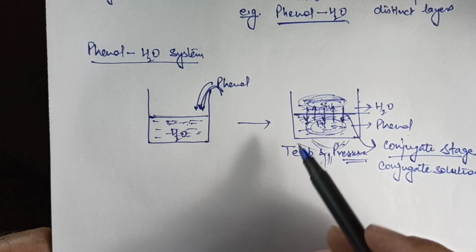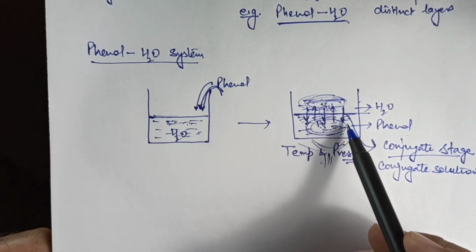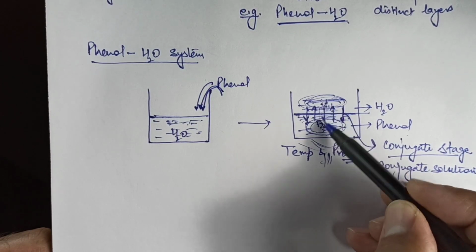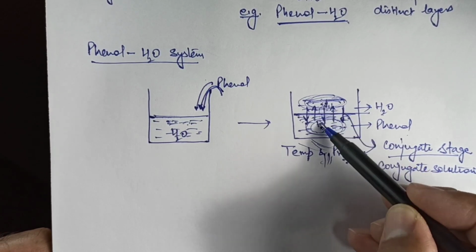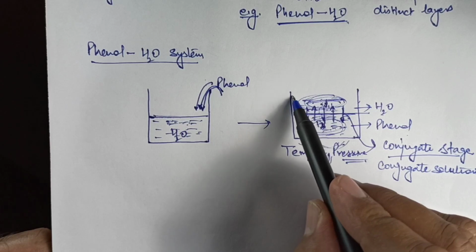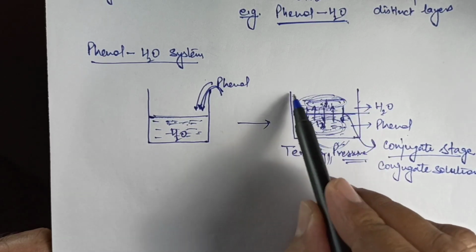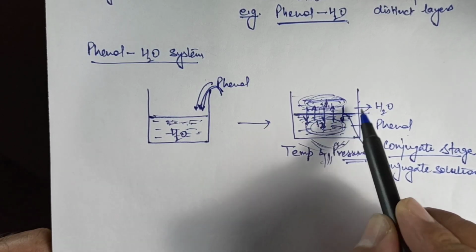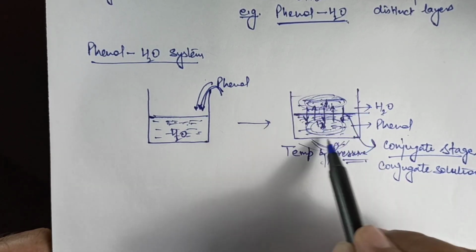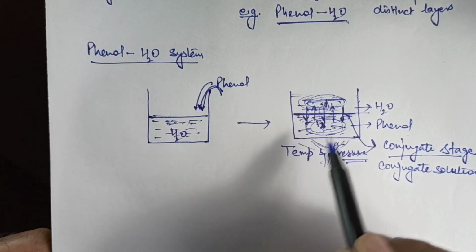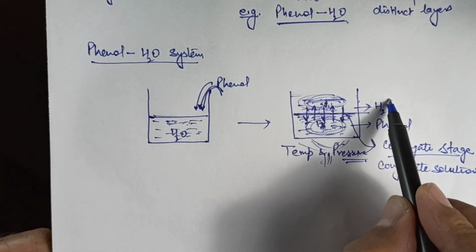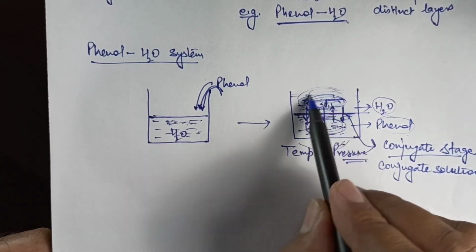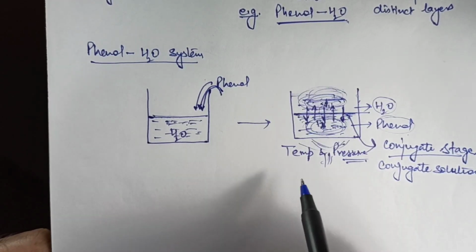Both the layers will become miscible with each other and a homogeneous solution will be formed. That means you cannot see a distinct boundary at that temperature and the solution will be completely clear. In that case the composition of water and phenol will be equal in the upper and the lower layer.